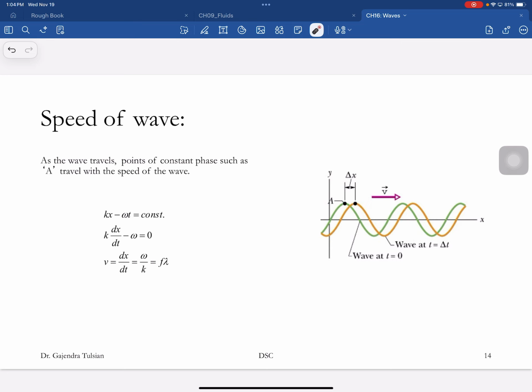K is constant, and dx by dt tells you the rate at which that point is traveling, minus omega equals 0. So dx by dt is the wave velocity, and that's equal to omega by k, which is equal to frequency times lambda. Omega was defined as 2 pi times f, and k was 2 pi over lambda.